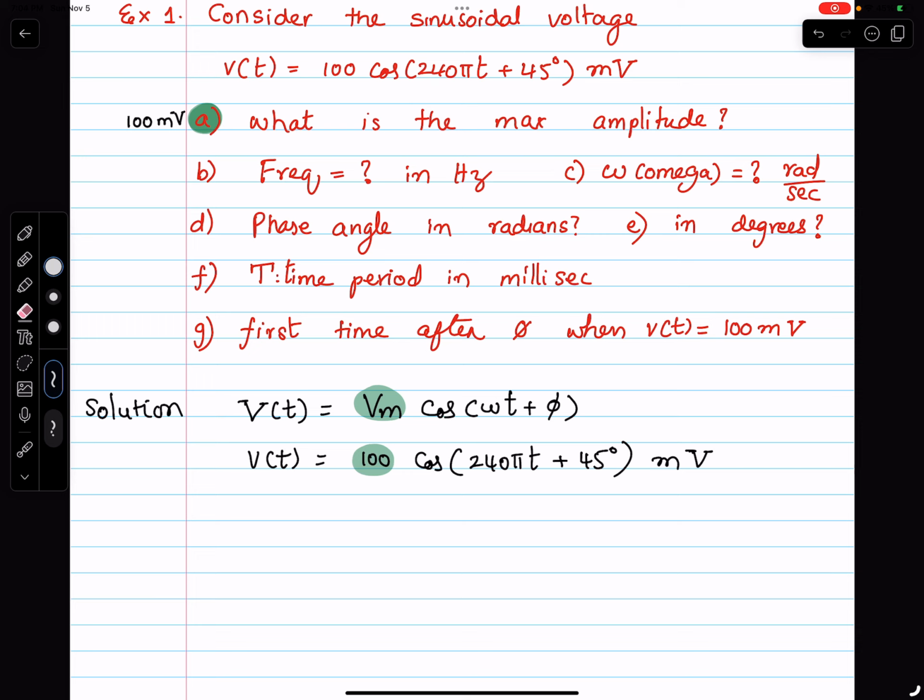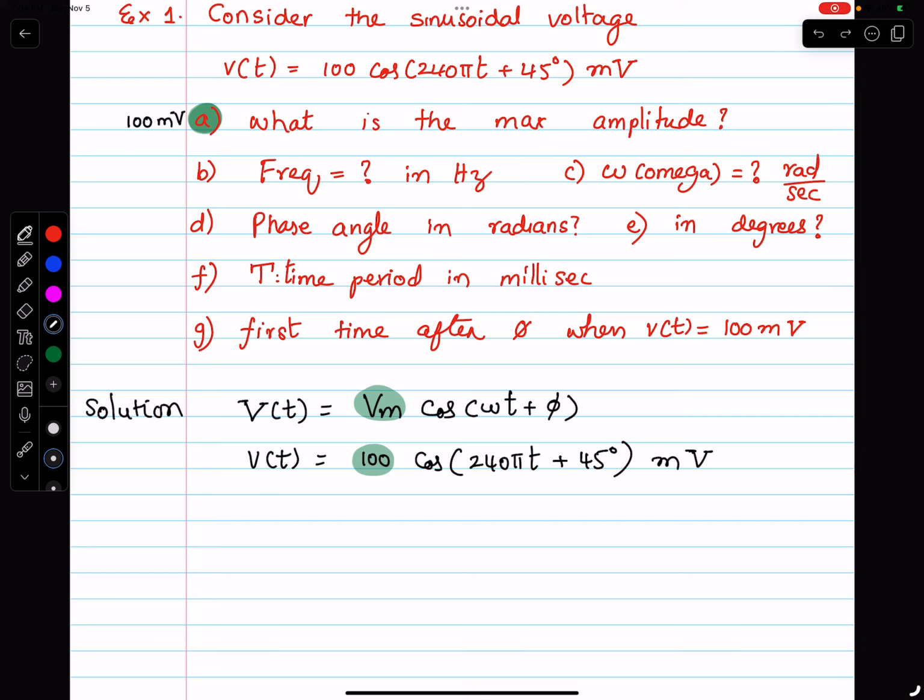The Moodle may accept 100 volts because sometimes it may not take into account the millivolts over there. So if 100 millivolts doesn't work, try 100 volts.